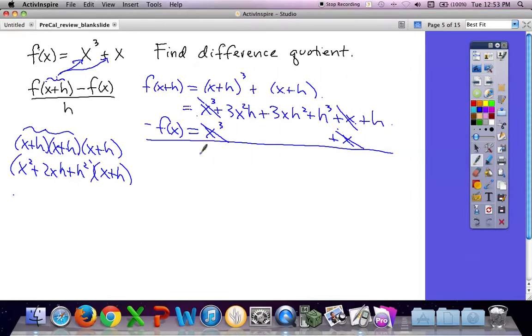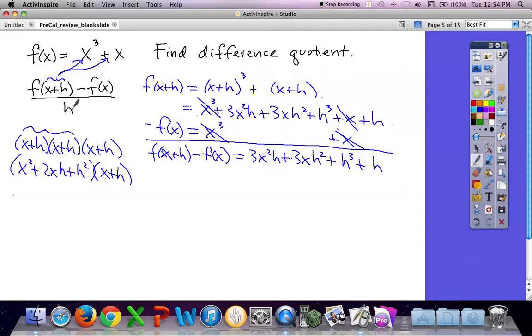So what's left? f of x plus h minus f of x equals 3x squared h plus 3xh squared plus h to the third plus h.